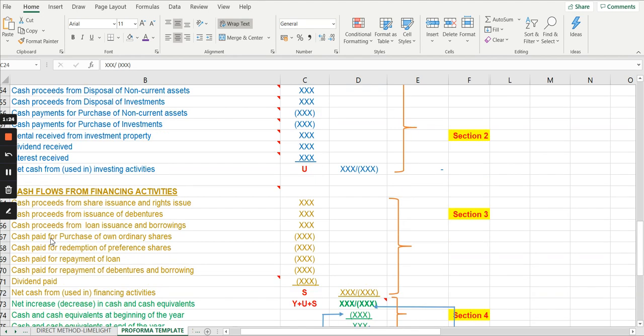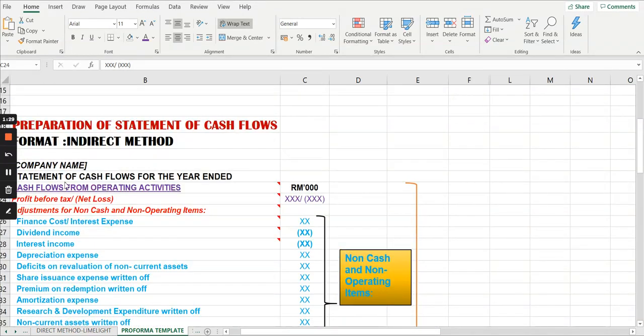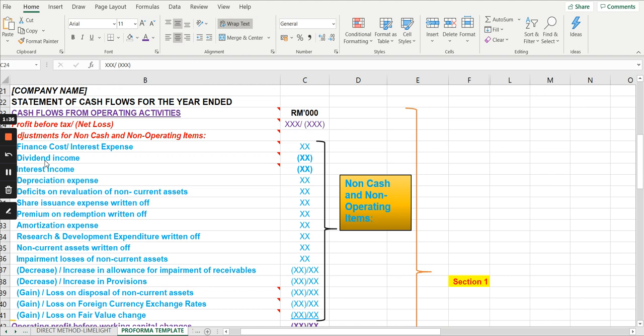So our focus today is to discuss the presentation of statement of cash flow using the indirect method, with our focus on cash flows from operating activities. As you knew from the previous video, the presentation under the indirect method for the operating activities has a different presentation as compared to the one under the direct method.